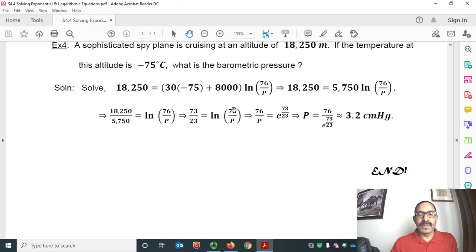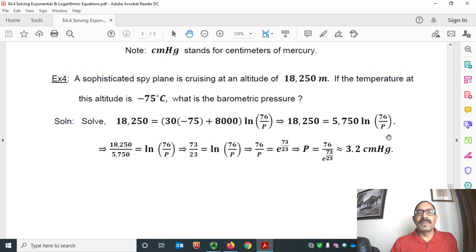So that means 76 over P equals, here the base is e, so e to the power 73 over 23. Then P equals 76 over e to the power 73 over 23. Using a calculator, it turns out the pressure is approximately 3.2 cmHg, centimeters of mercury.